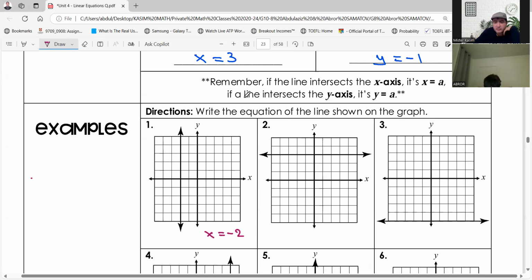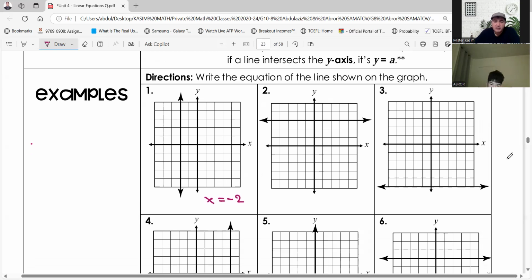Remember, if the line intersects the x-axis, it is x equals a. If a line intersects the y-axis, it is y equals a. But in the second one, it is intersecting the y-axis at this point, 1, 2, 3. And that's why the equation is y is equal to 3. Okay? And how about in question 3?